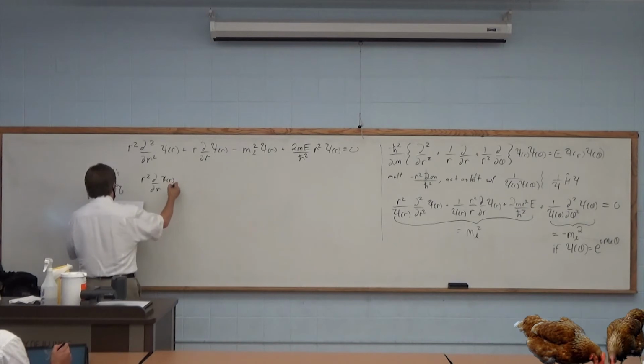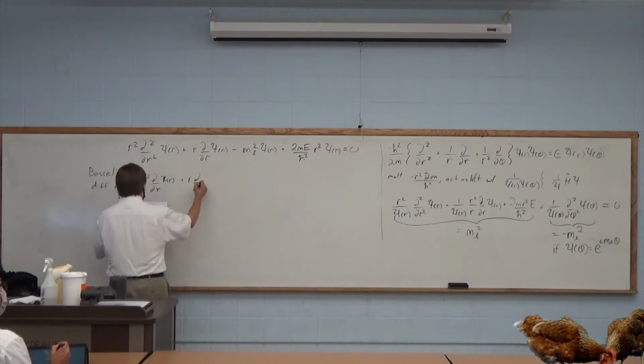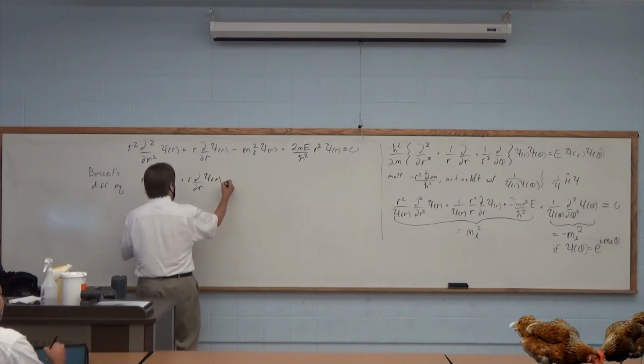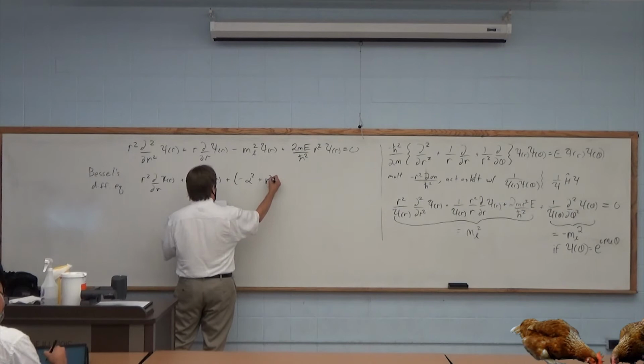I'm going to make a slight change just so you can translate a little bit and understand the nature of the solution a little better. This is how Bessel's equation appears in the literature.